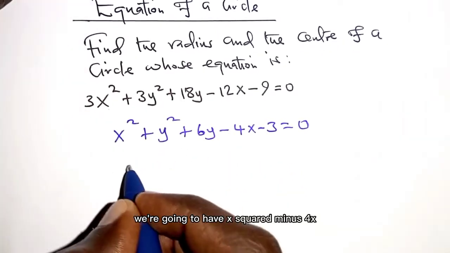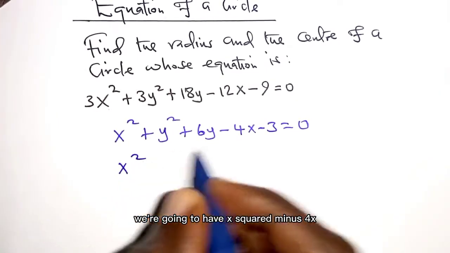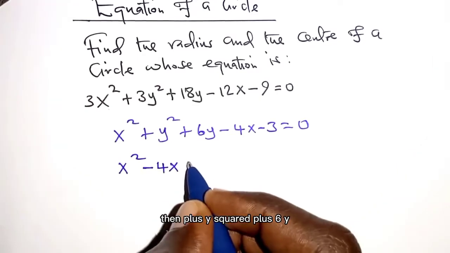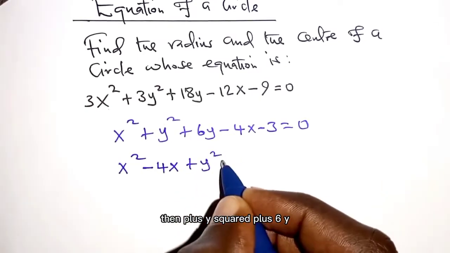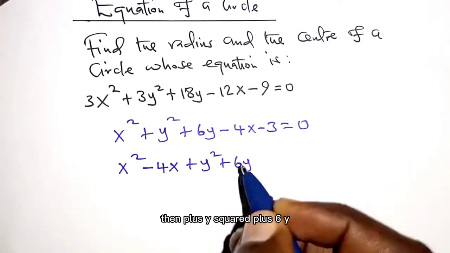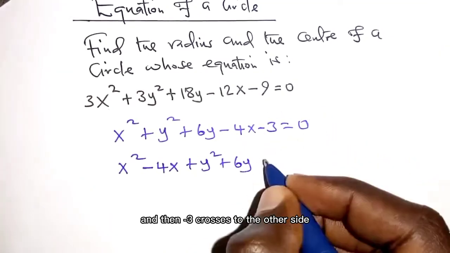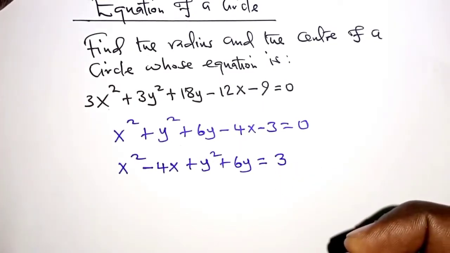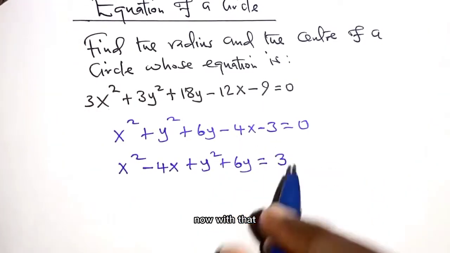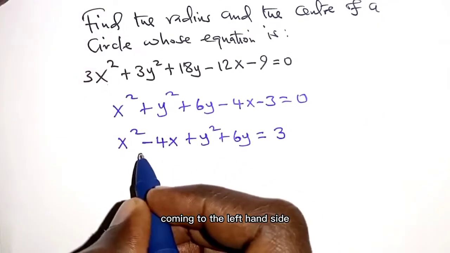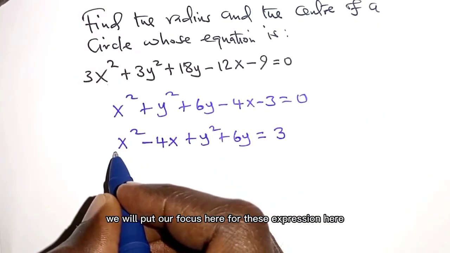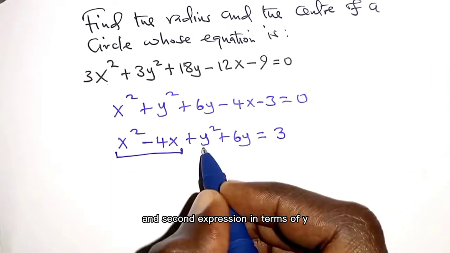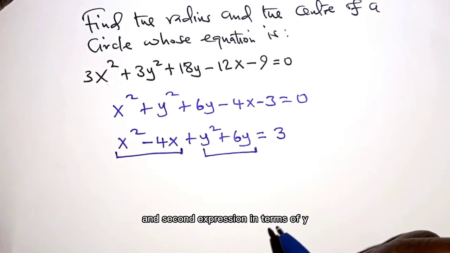So we are going to have x squared minus 4x, then plus y squared plus 6y, and then negative 3 crosses to the other side so that we have positive 3. Now with that, coming to the left hand side, we will put our focus on this expression and the second expression in terms of y.